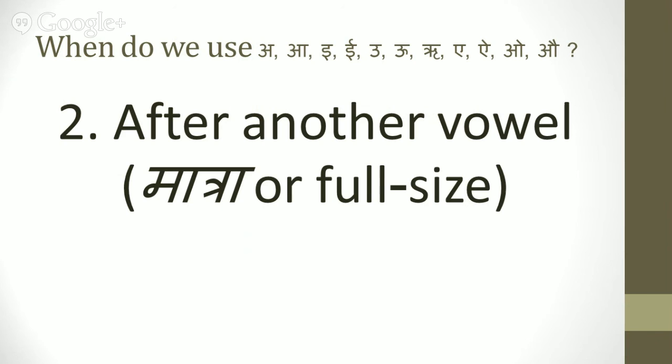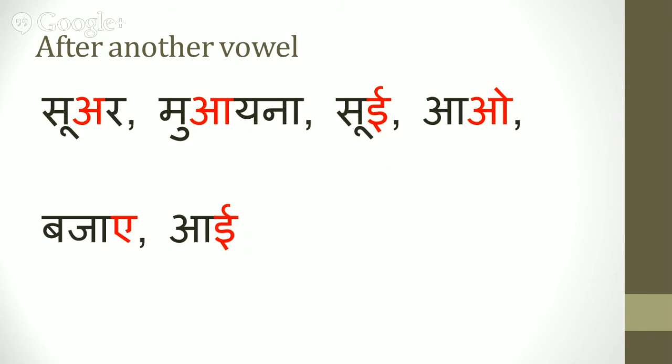It's just how the Devanagari script is made. Okay. So notice here in the first one, it comes after the matra for u. Second one, a comes after the matra for u. So because it comes after another vowel, we have to use the full form.